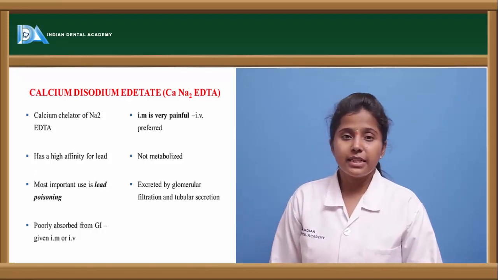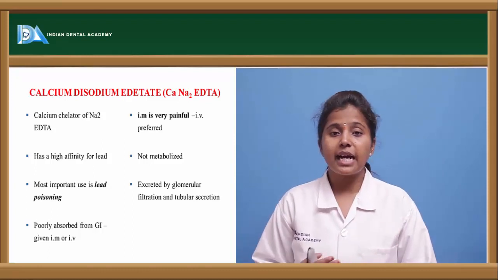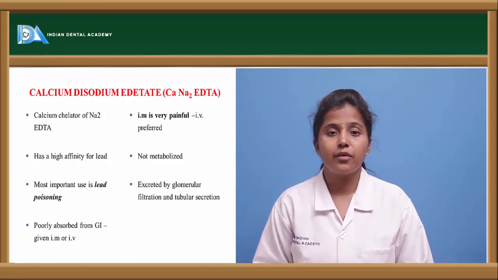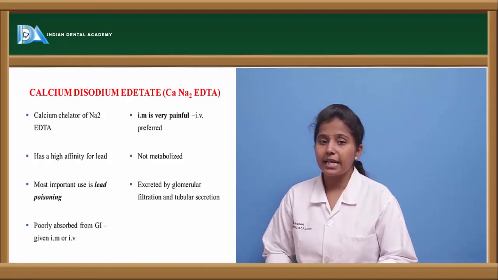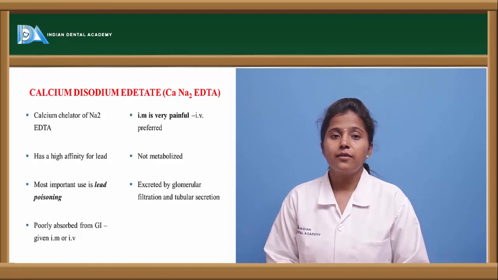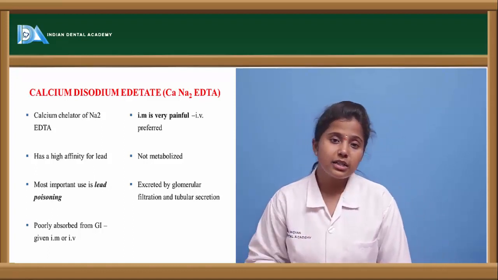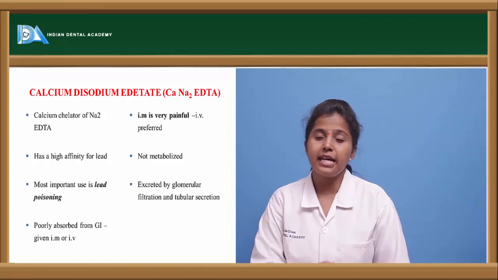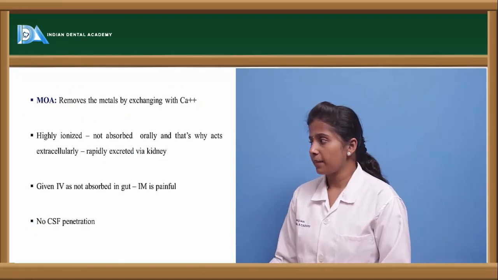The other one is that it can't be metabolized. Every drug has to undergo metabolism in the liver, but this calcium EDTA cannot, and it is excreted through glomerular filtration. In the kidneys, the nephrons can easily filter this calcium disodium EDTA out of the body.